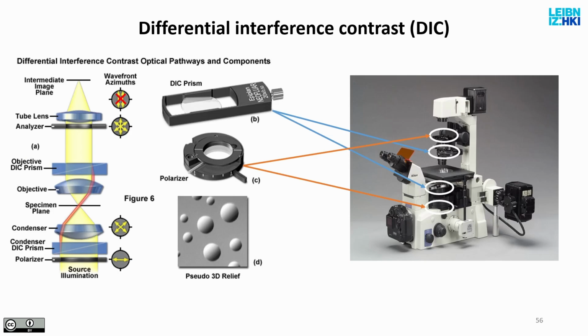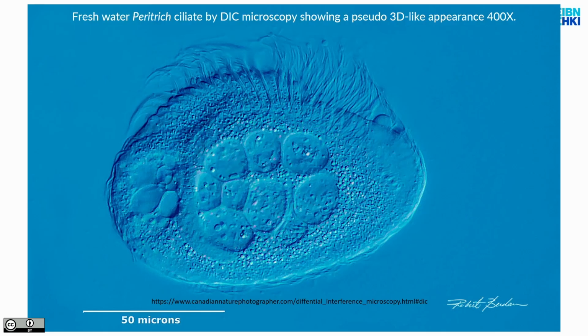And as a result of which, we will see these pseudo 3D relief patterns, which are very much easier to analyze than a regular bright field image. So for example, here, which I just got from the internet, you see the internal structure of this one cell organism without any label. This is just using DIC microscopy.